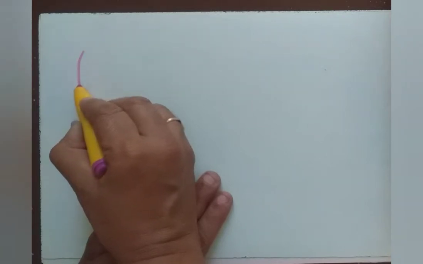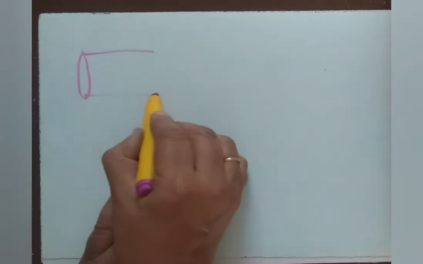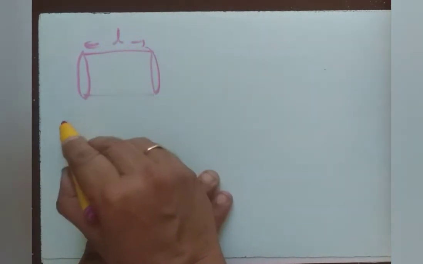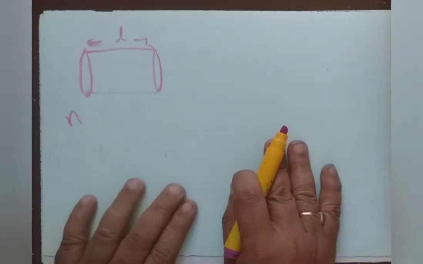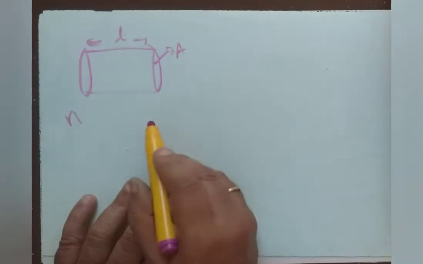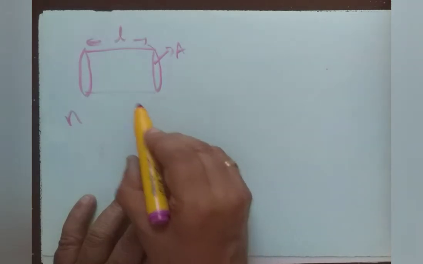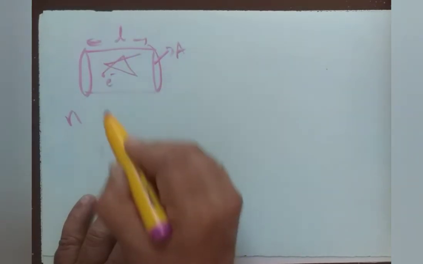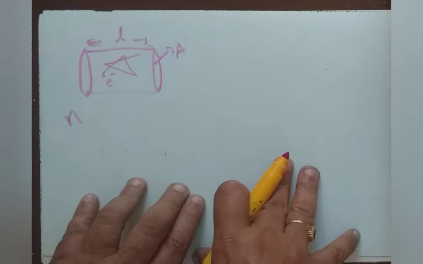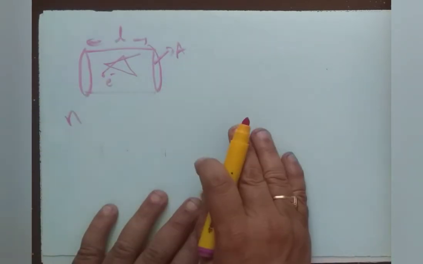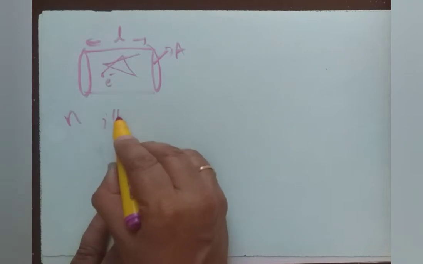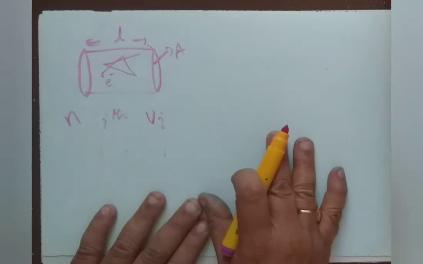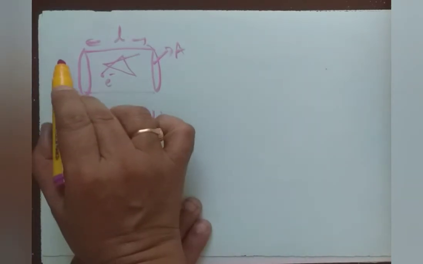So we consider a conductor of length L which has n number of free electrons, and its area of cross section is A. Now imagine a free electron moving in random direction, random motion like that. Among millions and millions of electrons, we take the ith electron. Vi is its velocity due to random motion and due to the applied field.